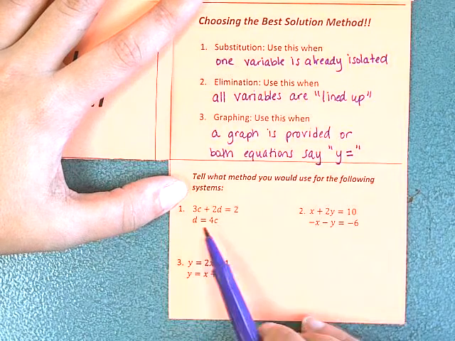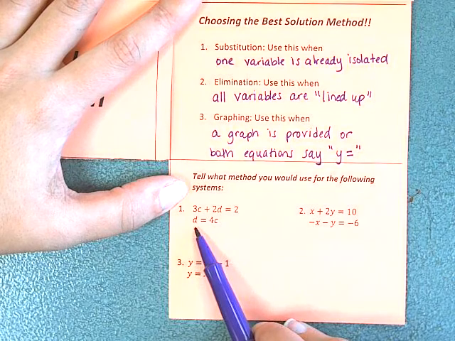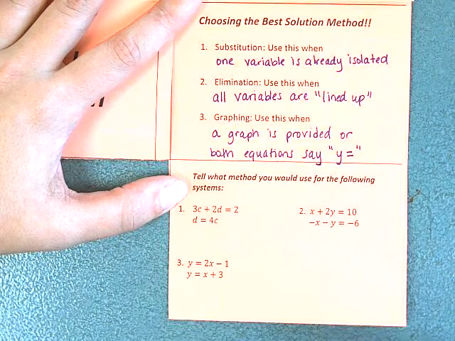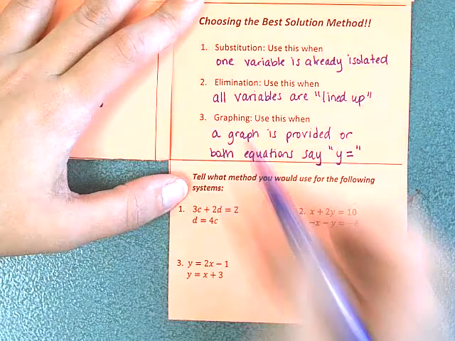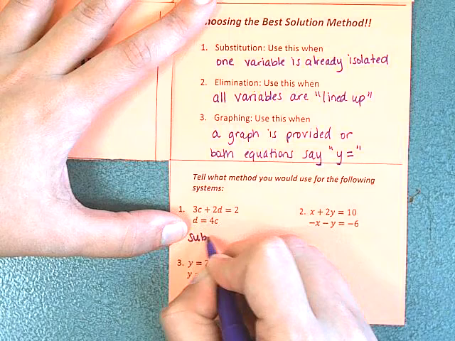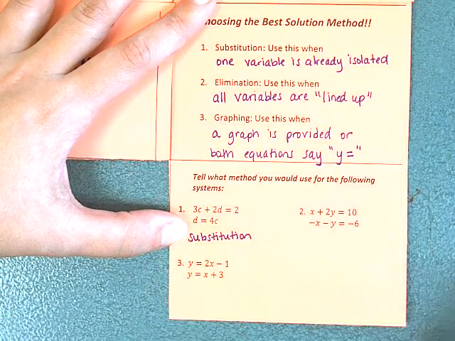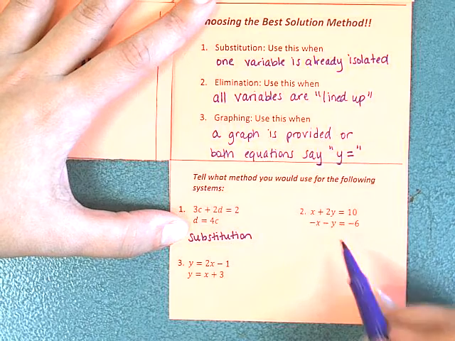In problem number 1, I notice that the d is already by itself in this equation. Because of that, one of the variables is already isolated, so I would use substitution to solve this problem. In problem number 2, I notice that all the variables are lined up.